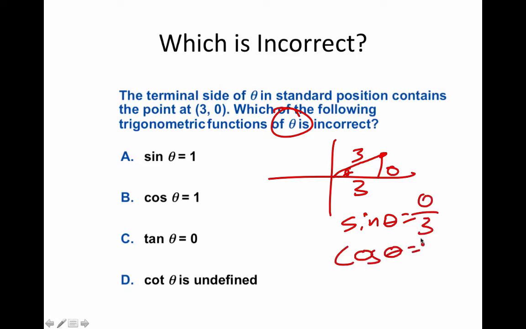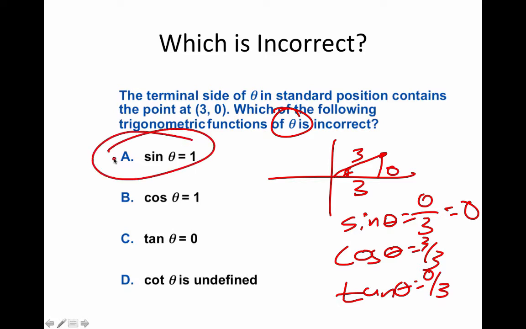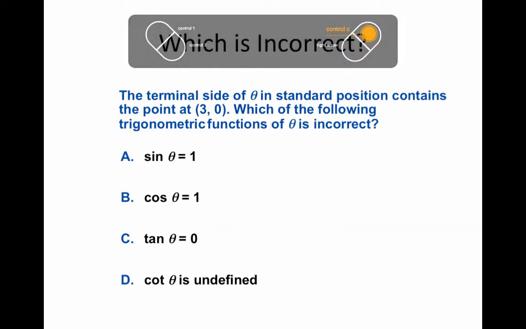Cosine, adjacent over hypotenuse. Tangent, opposite over adjacent. So I get sine is 0. Well, this one fails. Cosine is 1. That one's good. Tangent is 0. That one's good. If the tangent is 0, then the cotangent is undefined. That one's good. So you can see how to work those off of a fake triangle.